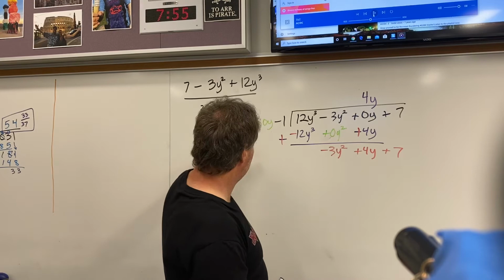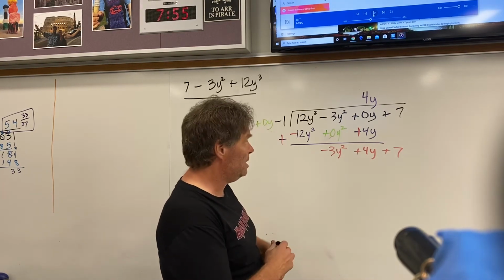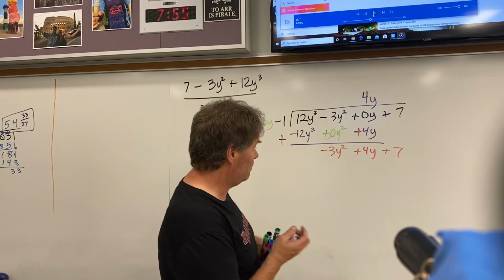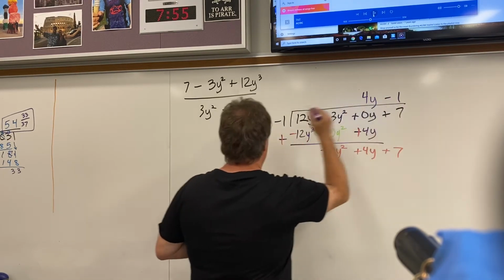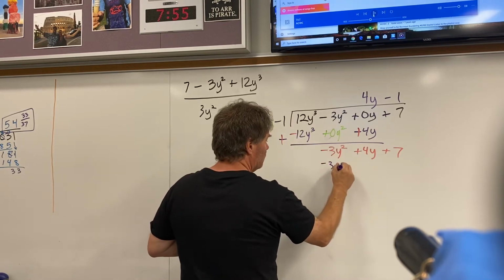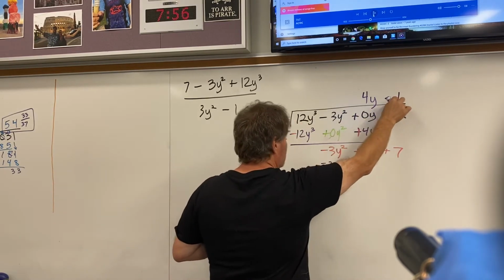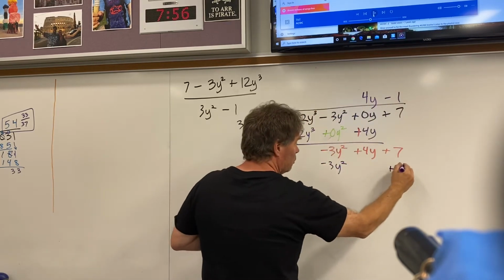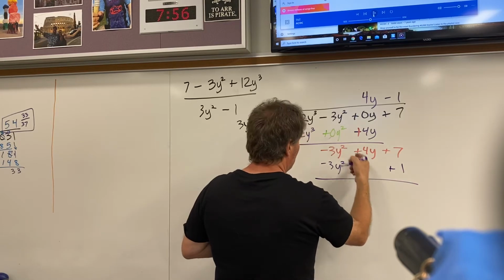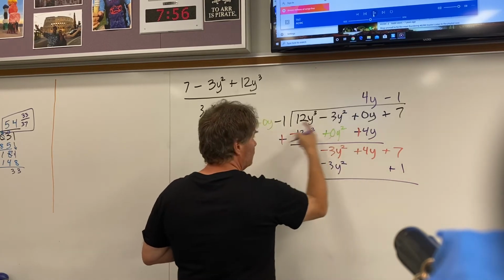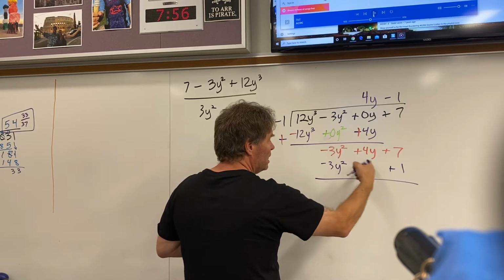Now, what does it take to turn 3y squared into negative 3y squared? It's going to take negative 1, so that's what I'm going to put here. Minus 1 times 3y squared is minus 3y squared. Now, I'm going to do it as if I don't even have the 0y here. So negative 1 times negative 1 would be plus 1. I'm just going to leave this guy blank. Or if I put the 0y there, I could just say negative 1 times 0y would be negative 0y, which is still nothing.